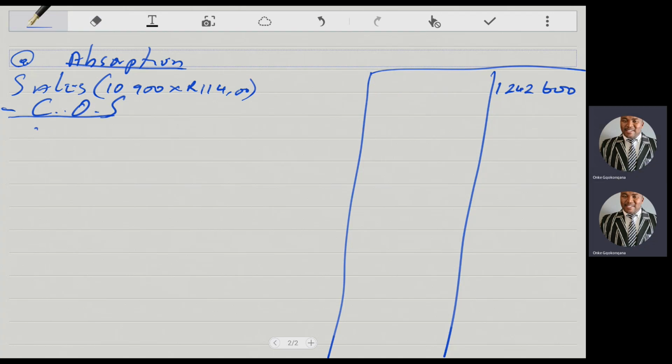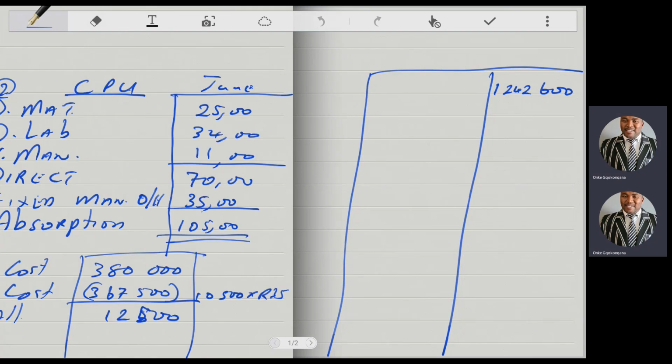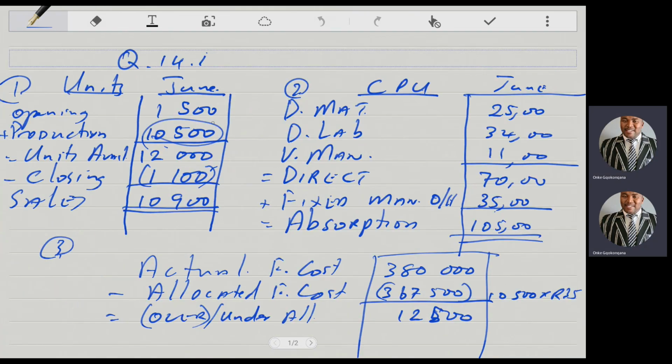So we'll start looking at your opening. Now we are on the absorption method: opening 1,500 from the first step, times the cost per unit from the second step, which is 105.